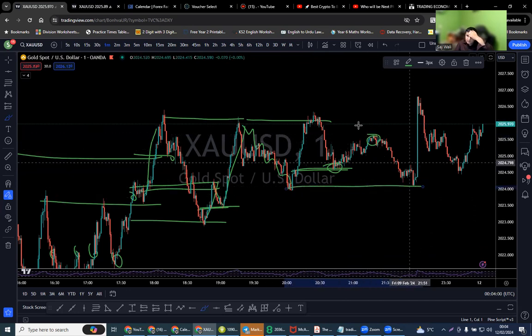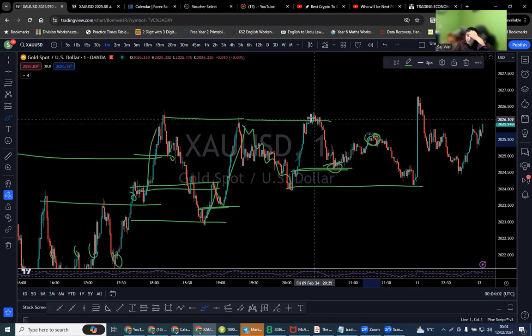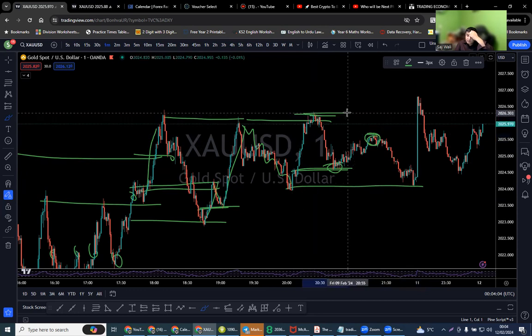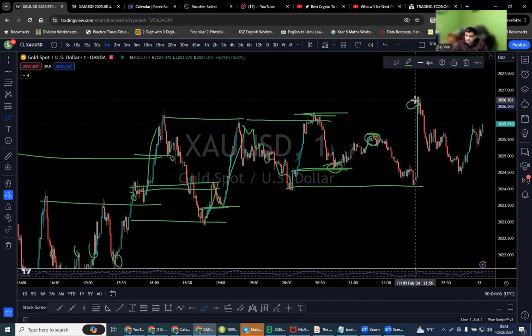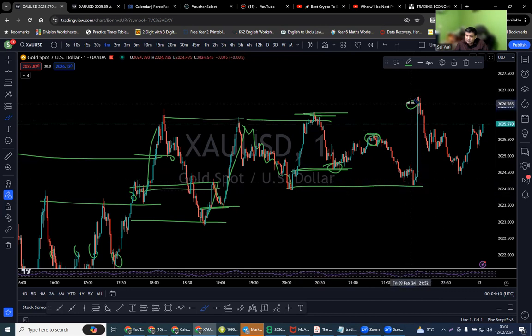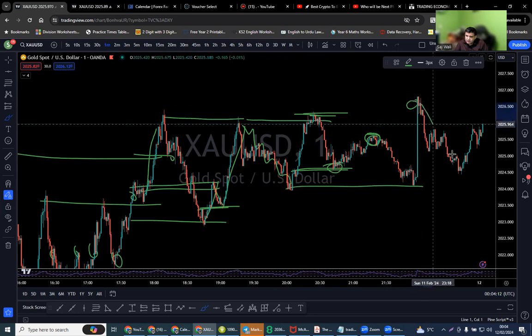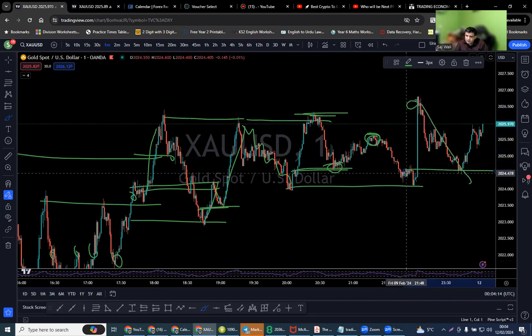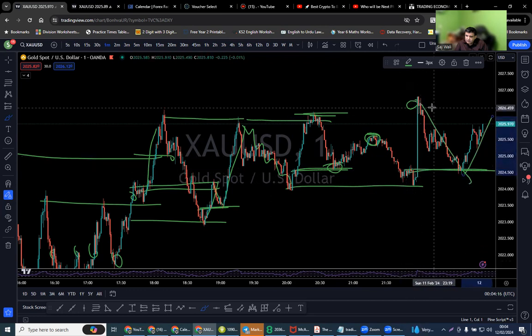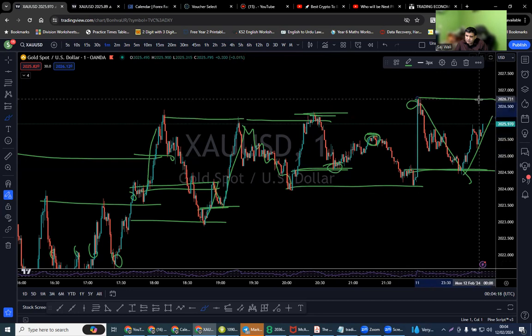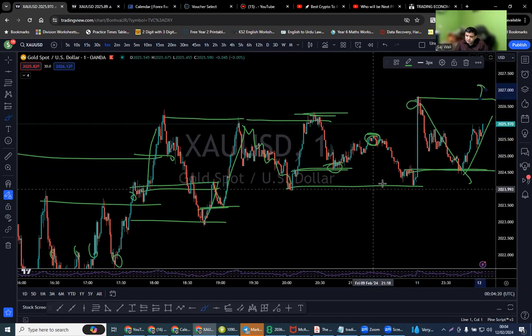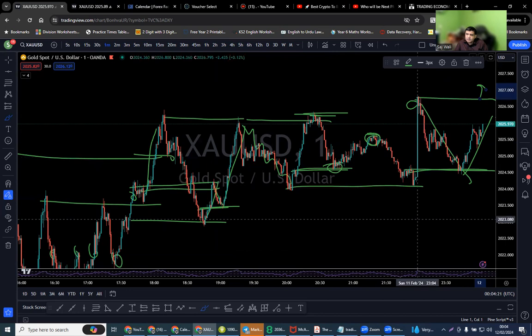Now it tested this level, hunted this liquidity, and this liquidity here was hunted. This new session started here. And then after hunting this, the market went to the downside. And now I'm expecting to the upside and further. This is the 1 minute chart.